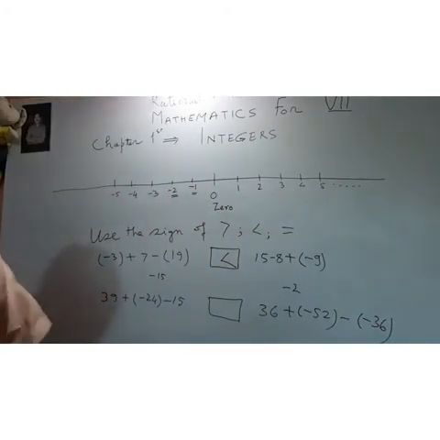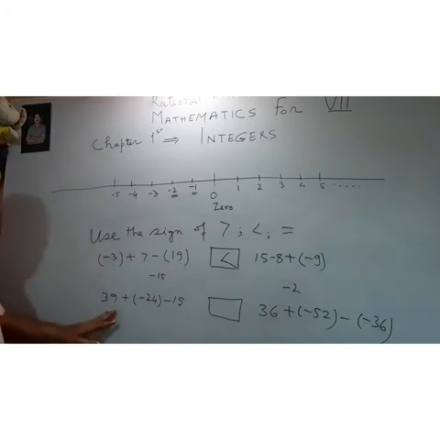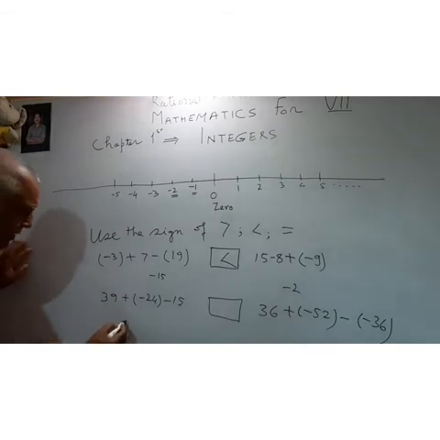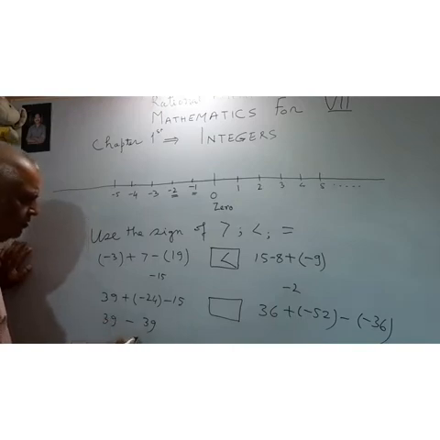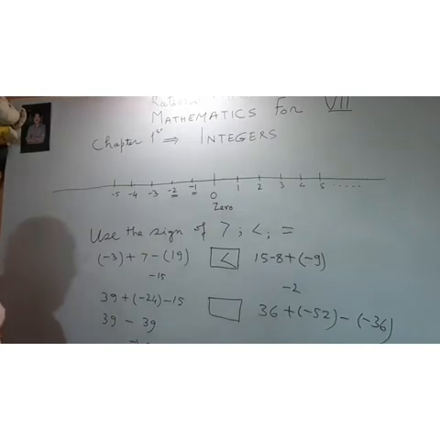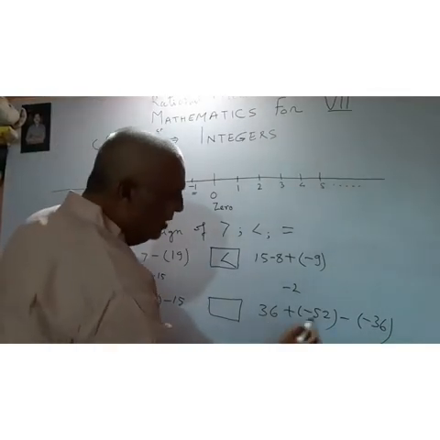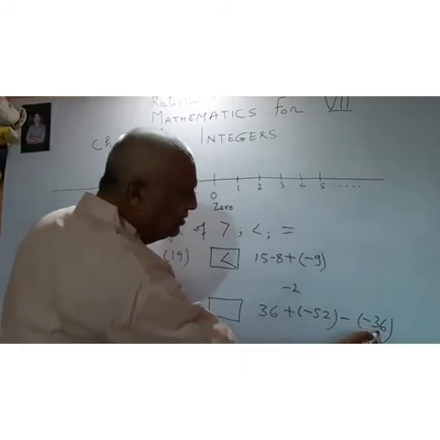What will happen? From this side you see here, minus 24 and minus 15 will be together. They will be added in minus sign. Here it will make minus. And this will become 39. 39 minus 39 is equal to what much? 0. And what about here? 36. Here minus 36.